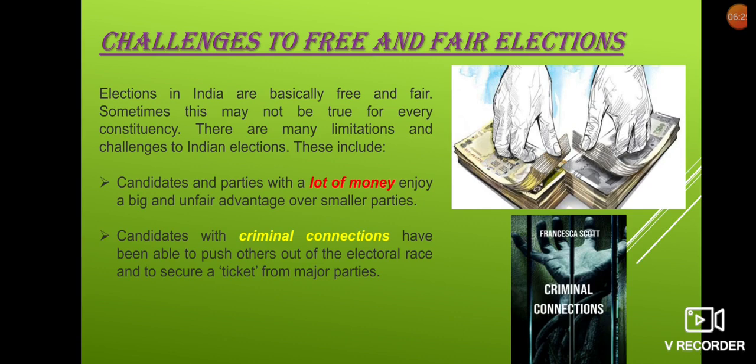There are many limitations and challenges to Indian elections, such as a lot of money. Candidates and parties with a lot of money enjoy a big and unfair advantage over the smaller parties.